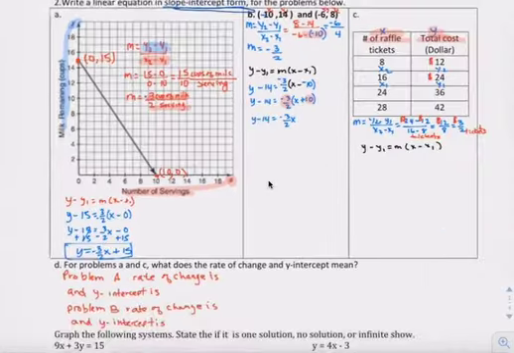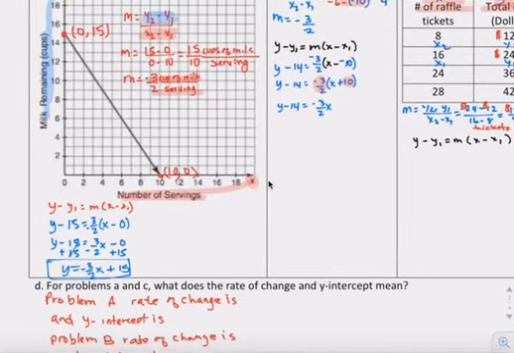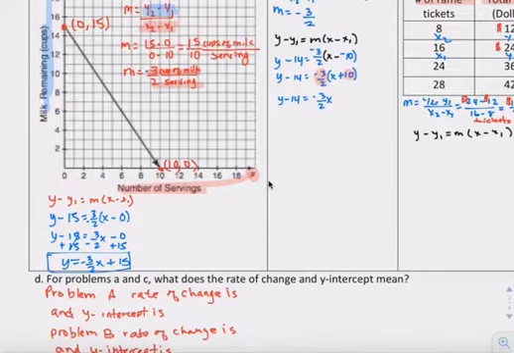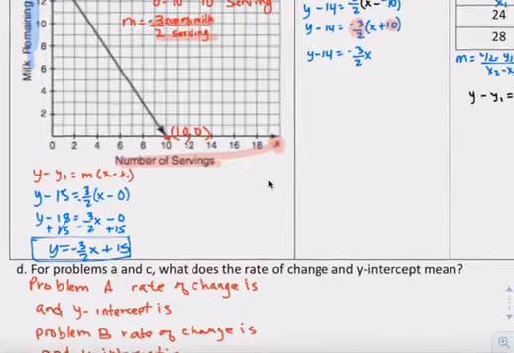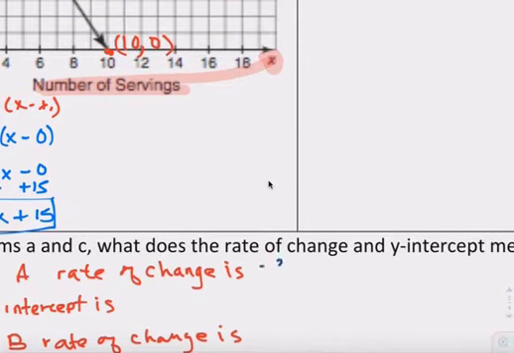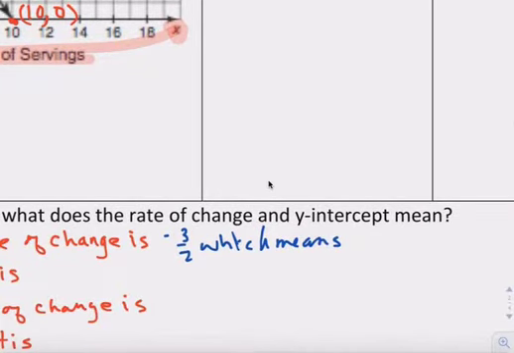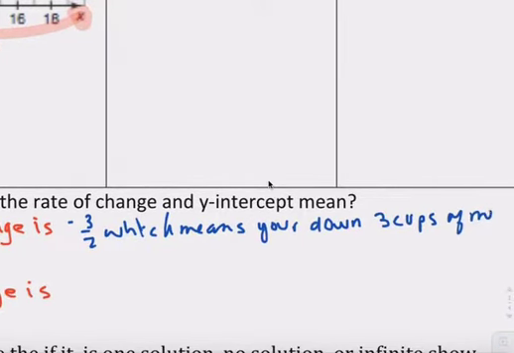So this means that in problem A, the rate of change is -3 cups of milk. So you serve 3 cups of milk for every 2 servings. Down 3 cups of milk for every 2 servings. That's what the negative means. The rate of change is -3 over 2, which means you're down 3 cups of milk for every 2 servings.